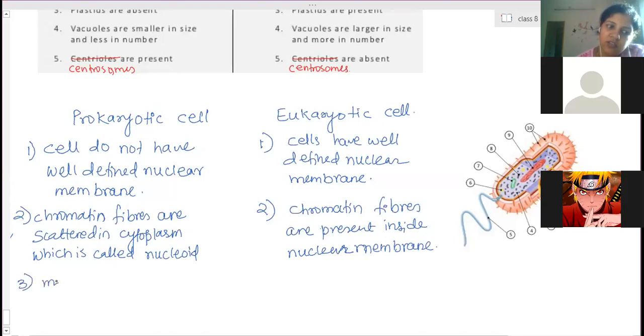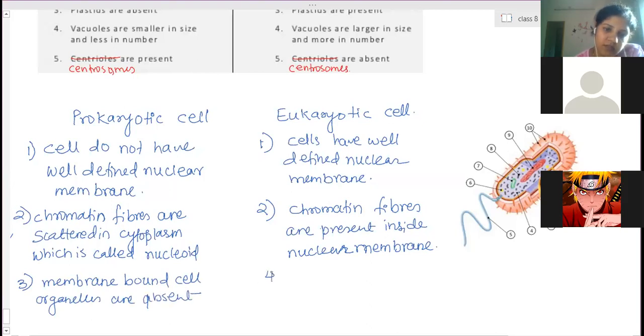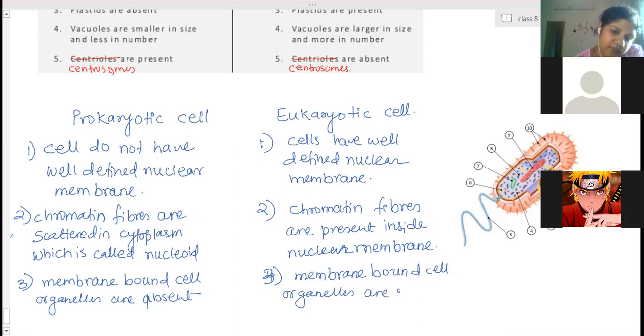In prokaryotic cells, membrane-bound cell organelles are absent, and in eukaryotic cells, membrane-bound cell organelles are present.